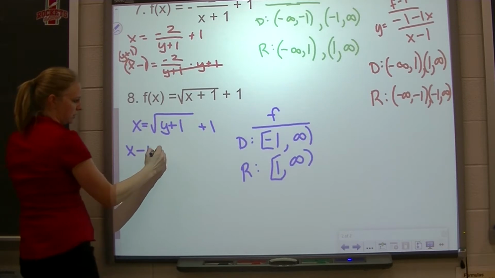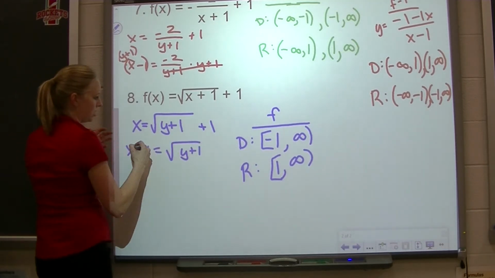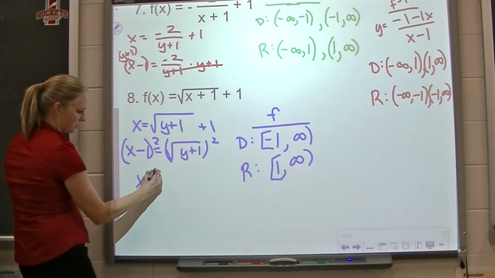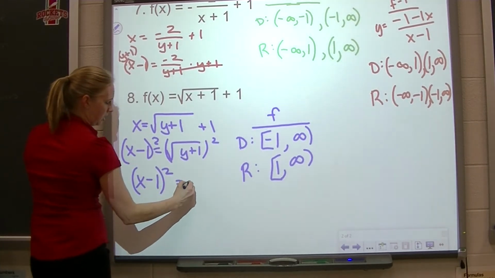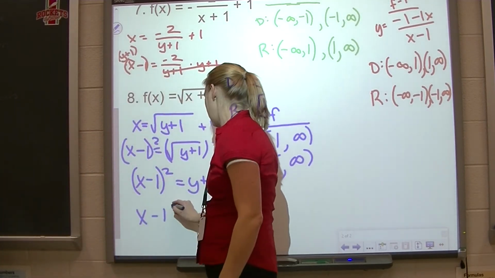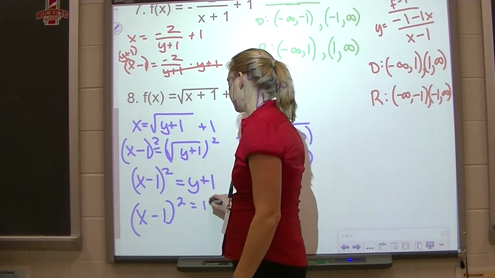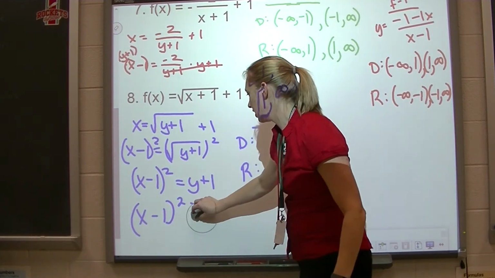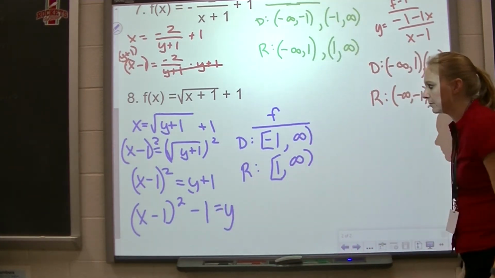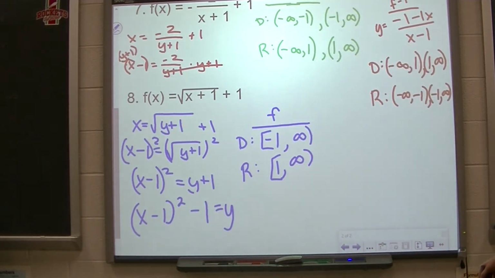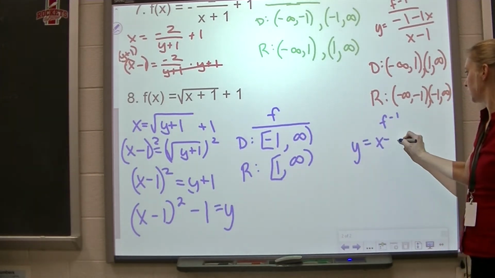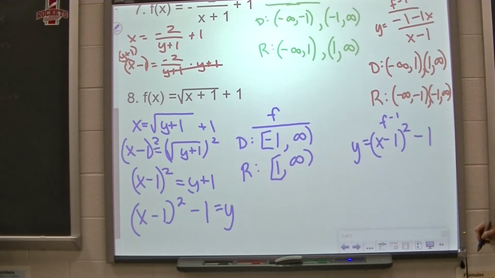Subtract the 1, x minus 1 equals the square root of y plus 1, square both sides. We have x minus 1 squared equals y plus 1. I'm going to subtract the 1, so x minus 1 squared minus 1 equals y.